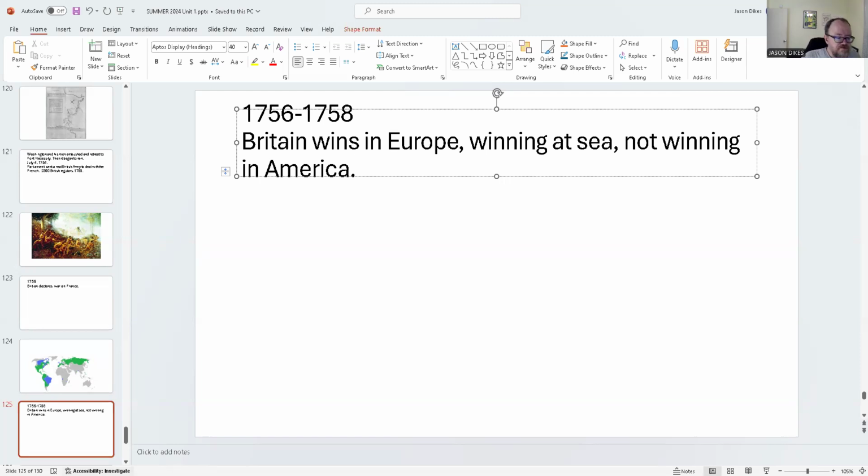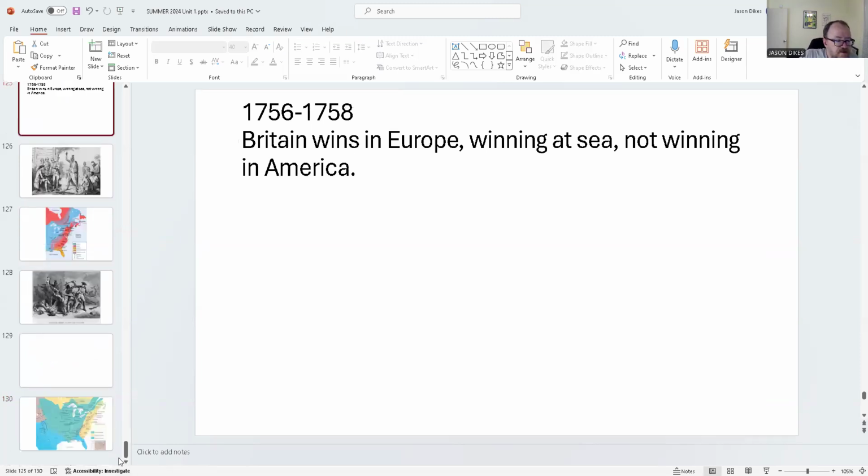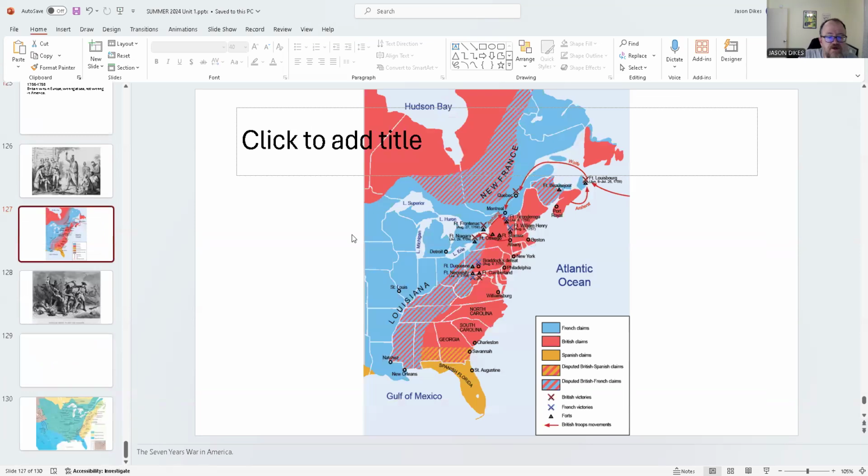There are a series of defeats, as we can see here. Most of the war being fought sort of along this frontier area, but an awful lot of French victories, Ticonderoga, Fort William Henry, some British victories, but mainly you see a lot of French victories right in this area.